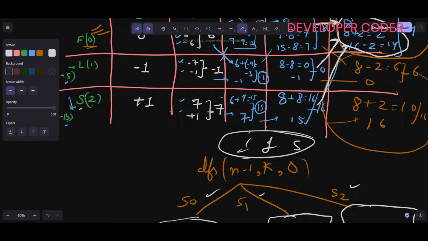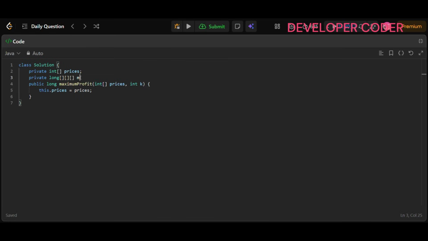So you can create a 3D array memo, and here take one private static final long neg is equal to Long.MIN_VALUE. I'm taking this as negative.